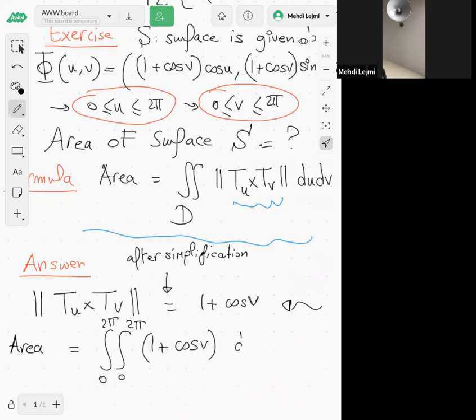It's not really hard to integrate. And so the answer should be 4 pi squared.